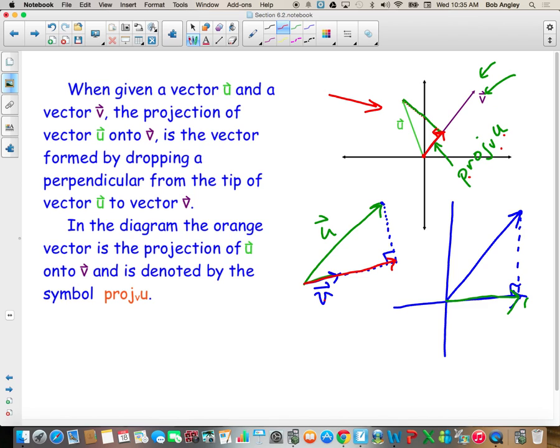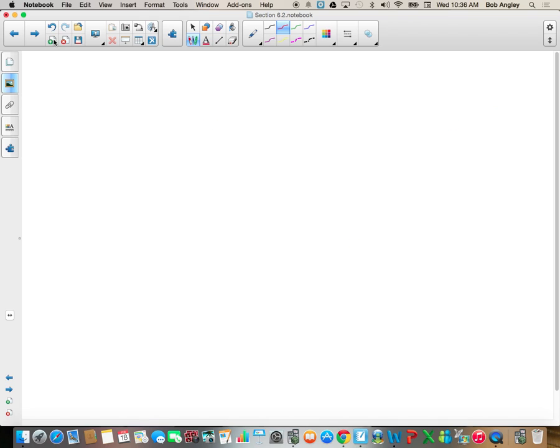Now, have y'all done anything like that in a physics class? Let me ask you this. I'm just going to throw this in. Have y'all had an object sliding down an incline? If you have that object sliding down the incline, don't you do something like this?